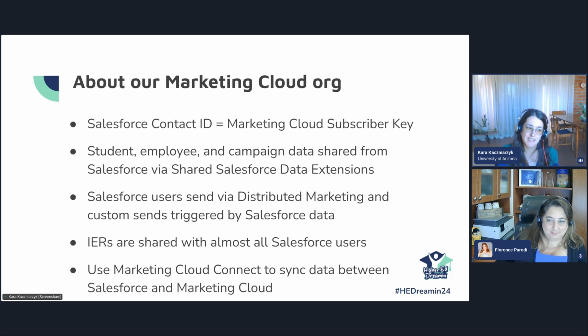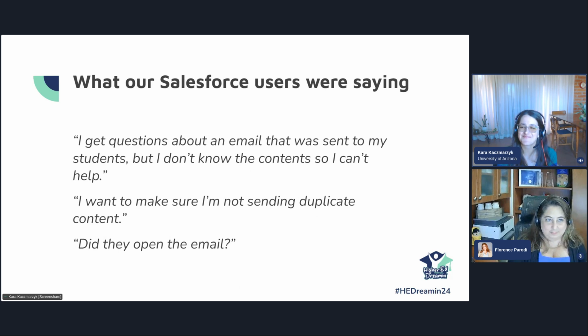As we'll see next, our problem was what we were hearing from our users, and these are Salesforce users, so advisors and student success professionals. They're turning to Salesforce and pulling up, let's say, a student's contact record, and they're wanting to see what's going on. A student comes and asks me about an email, but I don't even know what that email was.